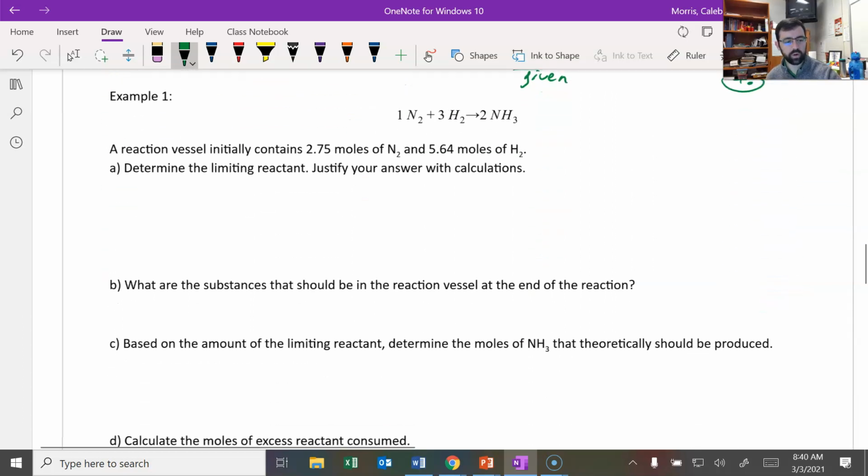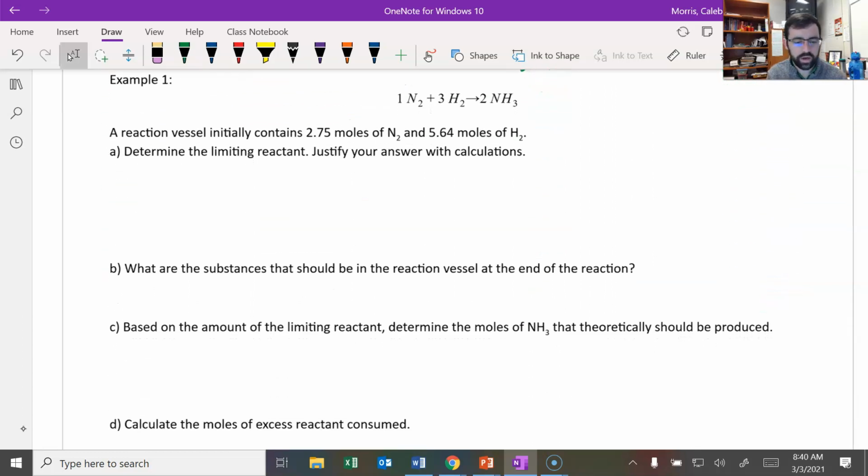So example 1: 1 N2 plus 3H2 yields 2 NH3. A reaction vessel initially contains 2.75 moles of N2 and 5.64 moles of H2. I immediately know I'm going to have to find the limiting reactant because I've got 2 different amounts given instead of just 1.